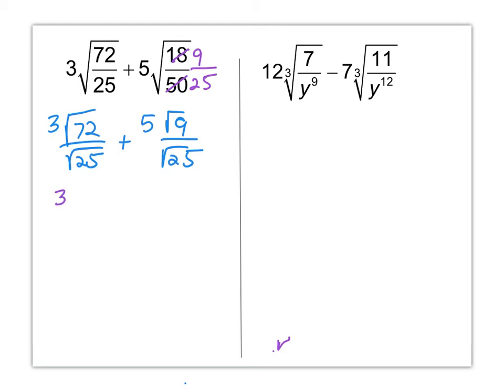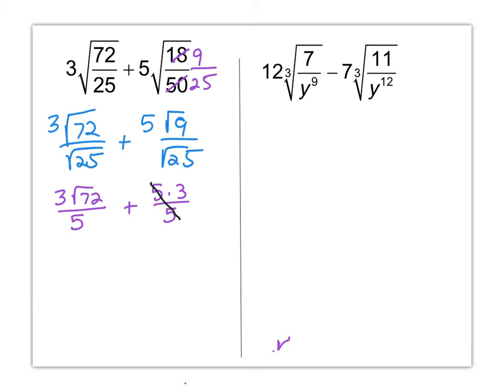So we have 3 times the square root of 72. 72 is not a perfect square, but the square root of 25 is. So we can write this as 3 times the square root of 72 over 5, plus the second term, 5 times the square root of 9, is 5 times 3 over the square root of 25, which is 5. And these two 5s can cancel out.